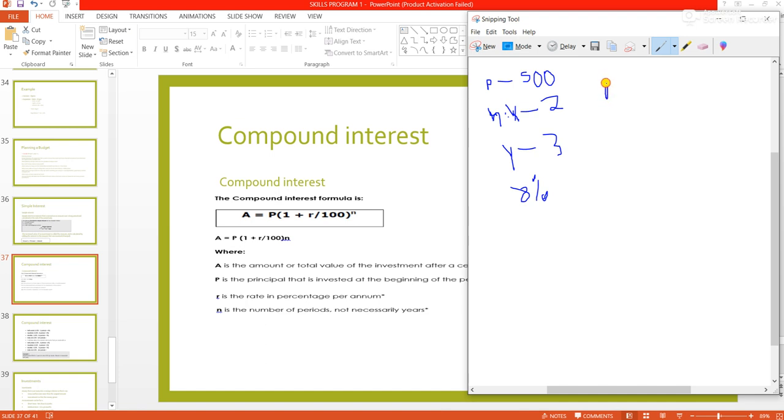The total value is equal to P times (1 plus R divided by 100) to the power n. This is the formula that we use for compound interest. So our P in this instance is 500.